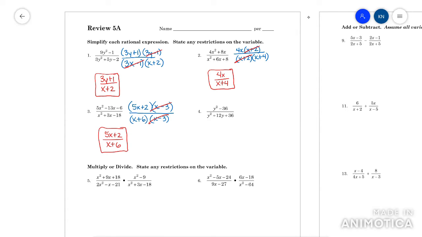Okay. This next one, the top is a difference of squares. The bottom is a trinomial. Cancel the binomials that are the same, and you get your answer.